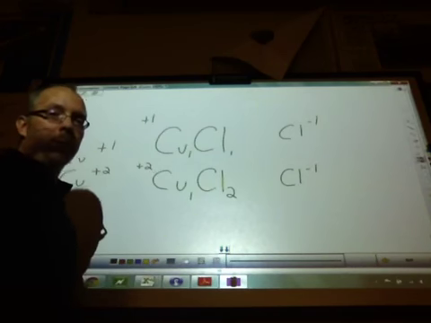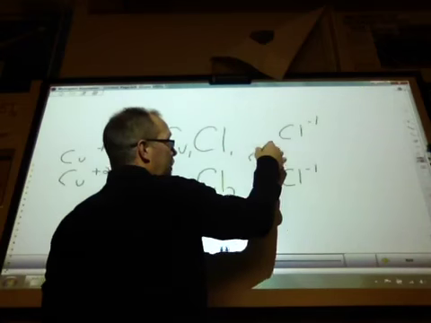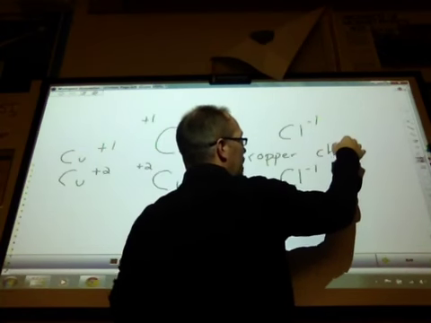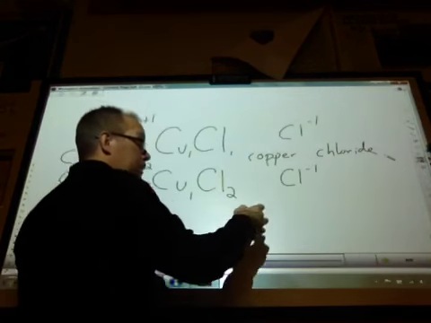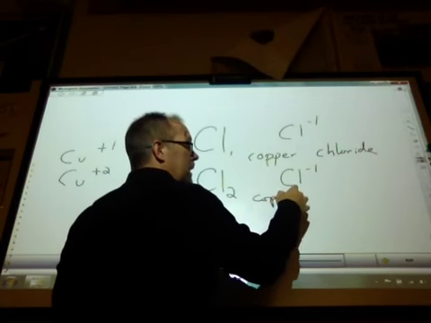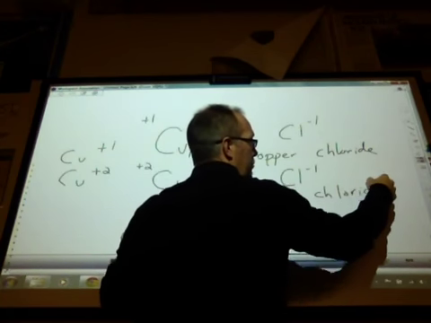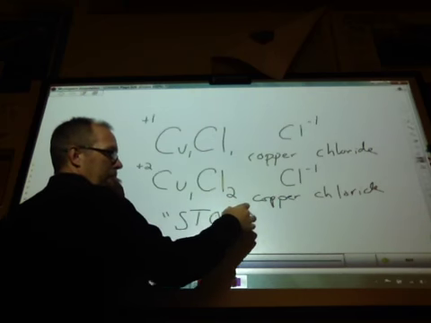Now, how do we represent these when we would be writing the names? Simple enough, we go copper chloride. I guarantee you, anytime you have binary and you at least write the name, you've at least got partial credit because you're halfway there. The only thing that we do is we want to utilize a system known as the stock system, okay?